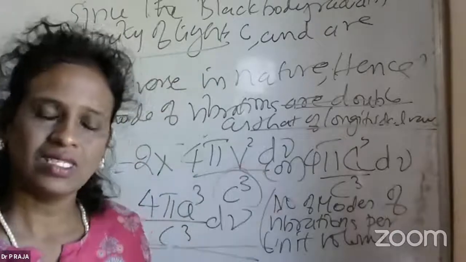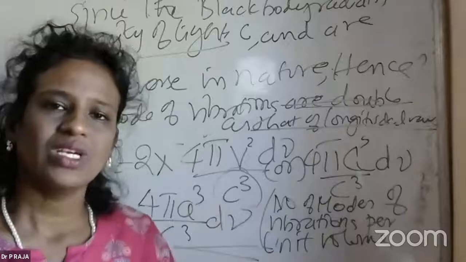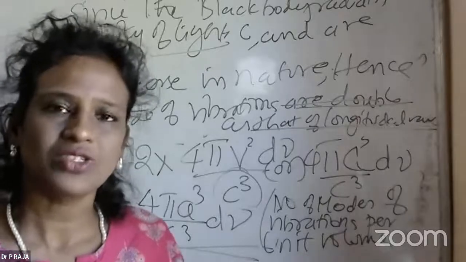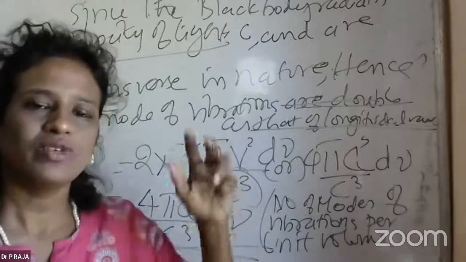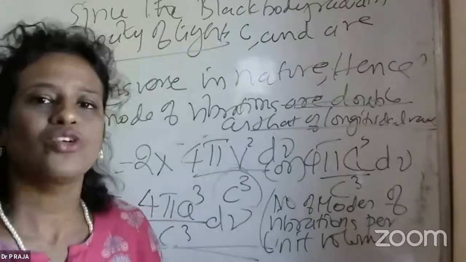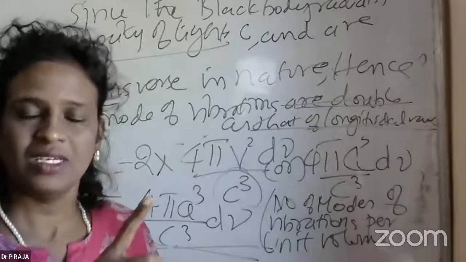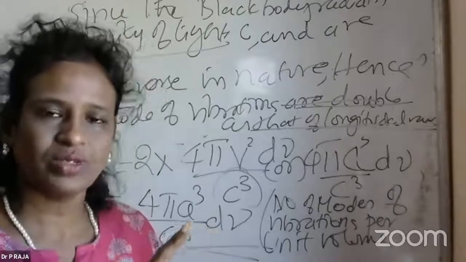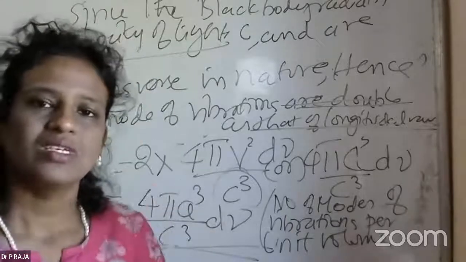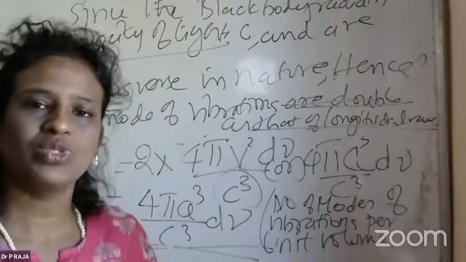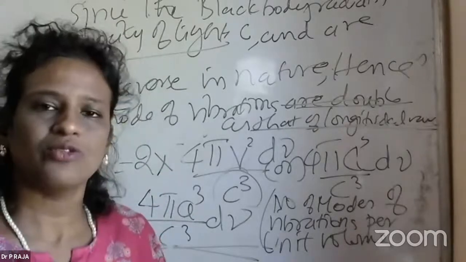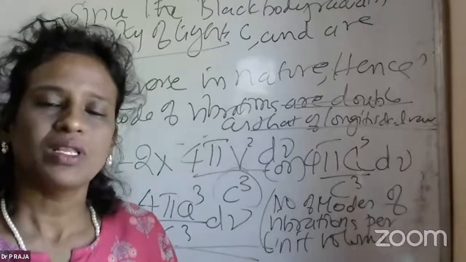With a similar analogy we expand the same thing to 3 dimensions with a sphere, and we calculate the volume between two concentric spheres: the first with radius 2a nu by c, the other with 2a nu plus d nu by c.